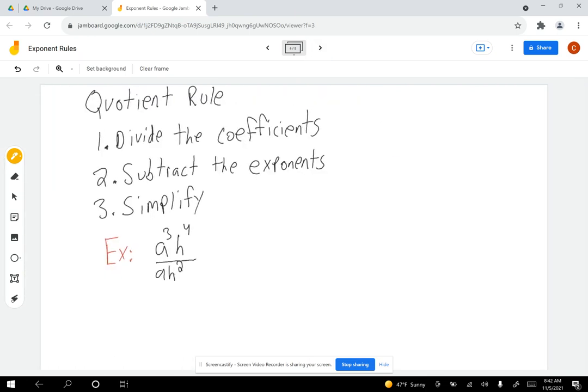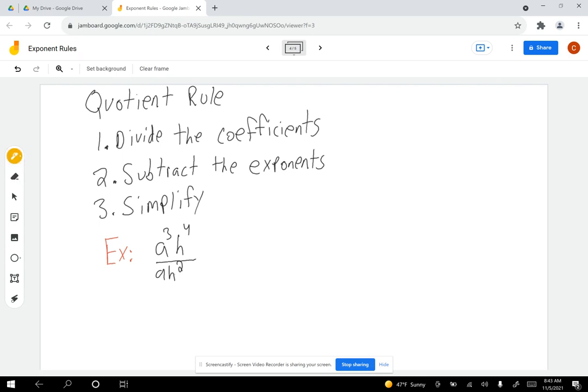Now, my quotient rule is like the product rule, but for division. So the first step is I divide my coefficients. The second step is I subtract the exponents of the same bases. Third step is to simplify, but usually it's simplified. So let's look at our first example here. A to the third, h to the fourth, a to the first, h to the second. There are no coefficients, so again, like with exponents, we can assume that a 1 is in front of my bases.